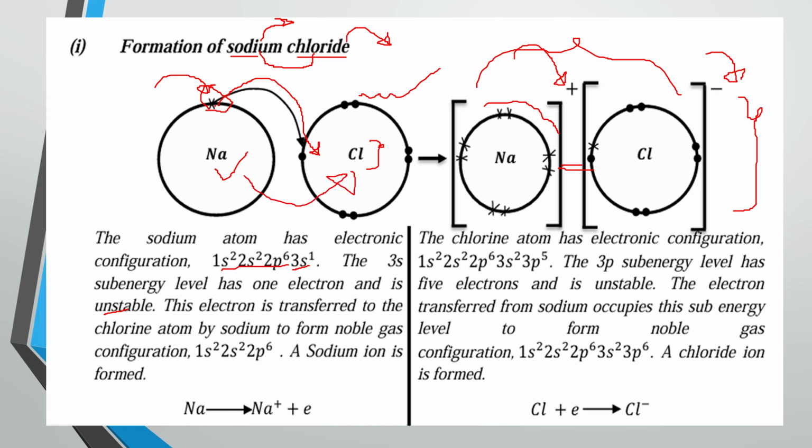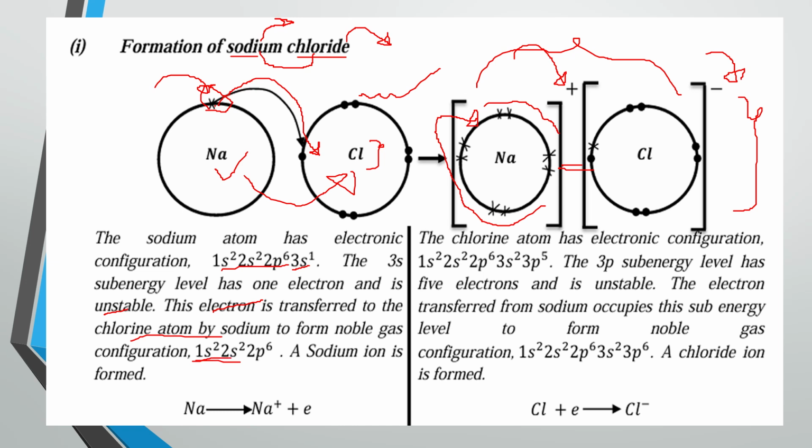That's why we say that this electron is transferred to the chlorine atom by sodium, first of all, to gain stability, because if you look here, after sodium losing that outermost electron, it obtained a stable octet or subenergy level, and that's what we call gaining stability, or gaining a noble gas configuration.